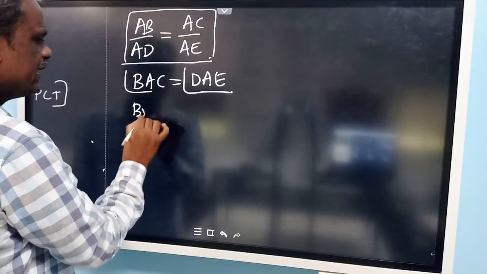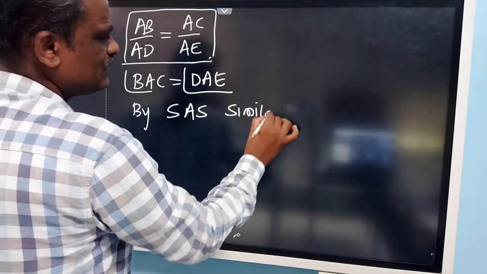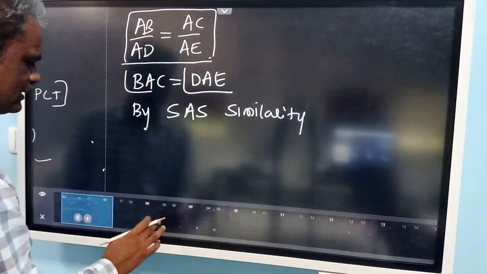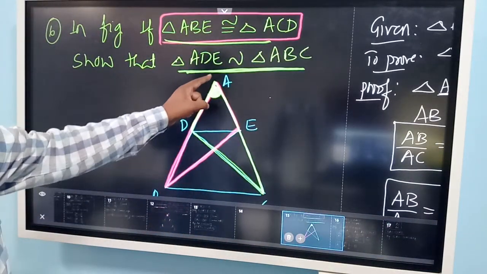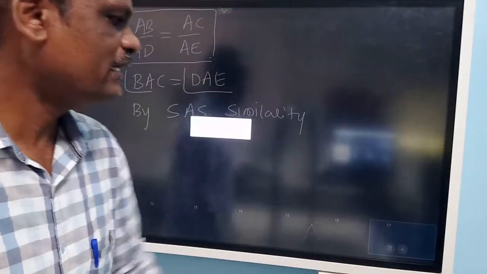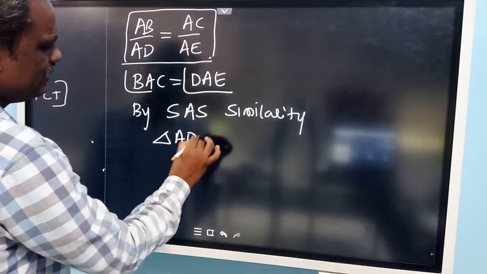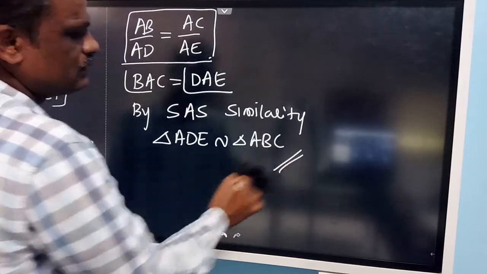Therefore, by SAS similarity, look at the diagram. By SAS similarity, I can write triangle ADE is similar to triangle ABC. As the proof.